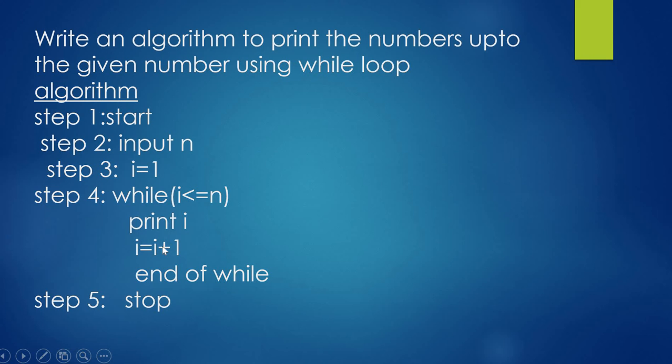Then I is equal to 2 plus 1, that is 3. 3 less than or equal to 3. Print 3. Then I becomes 4. Next the condition is checked. 4 less than or equal to 3. That condition is false, so it stops. That is, it prints 1, 2, 3.